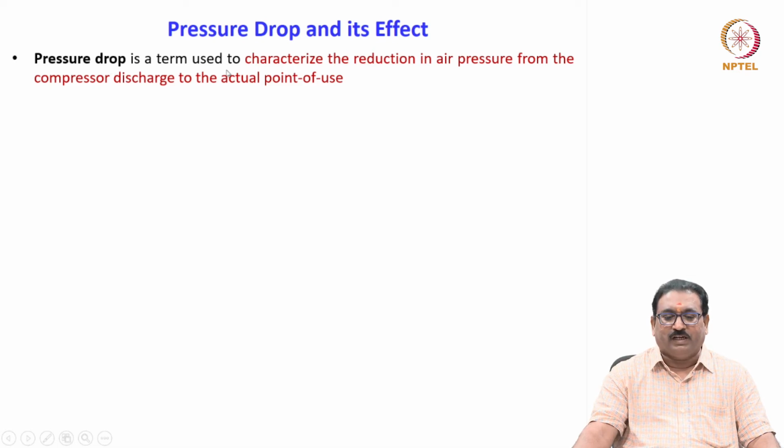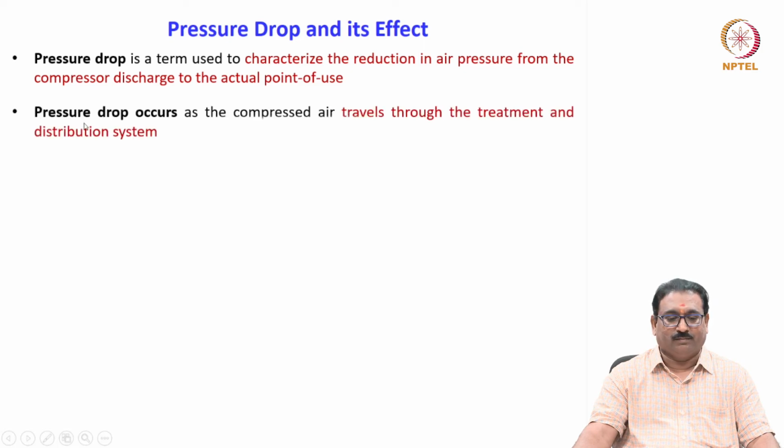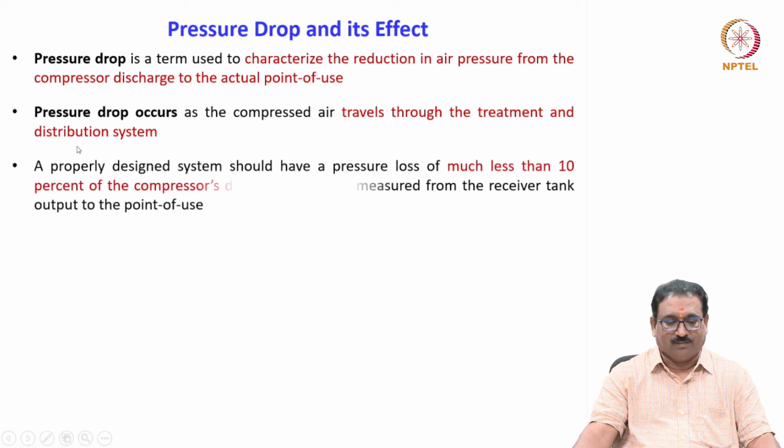The pressure drop is a term used to characterize the reduction in air pressure from the compressor discharge to the actual point of use. Pressure drop occurs as the compressed air travels through the treatment and distribution system.